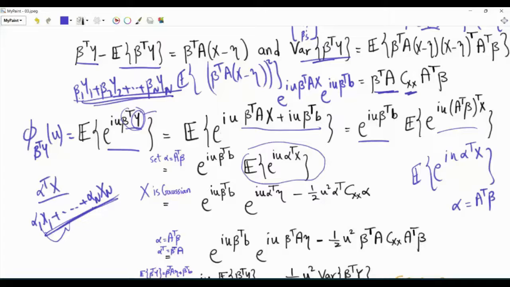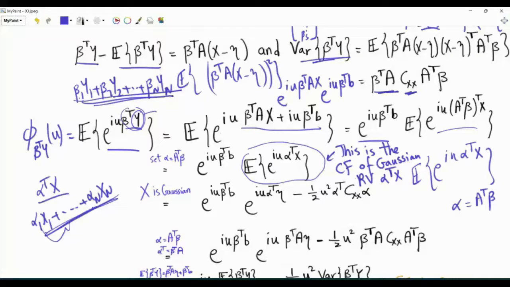And so this is the characteristic function of the Gaussian random variable alpha transpose X, which we encountered when we defined what joint Gaussianity means.